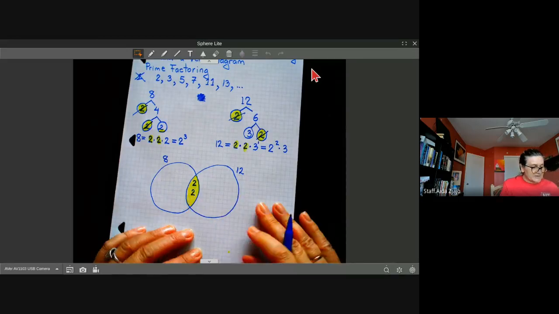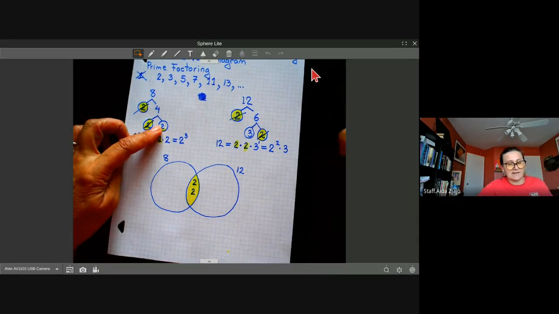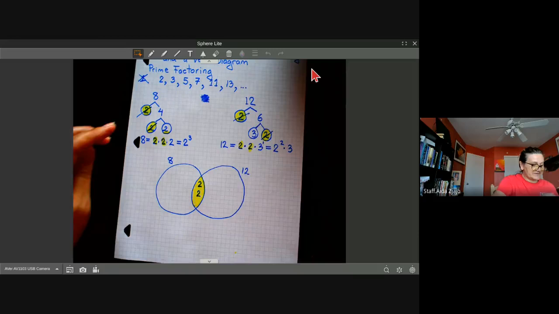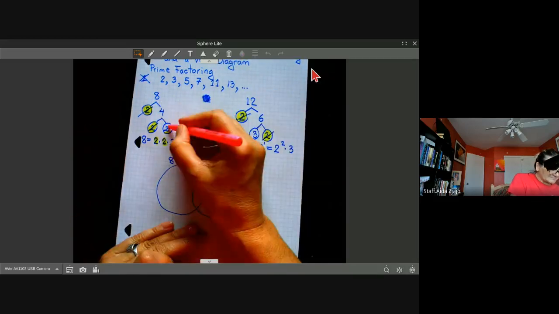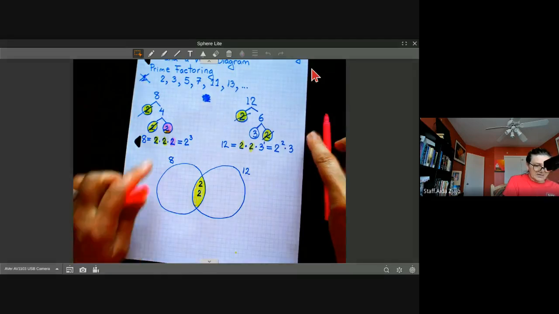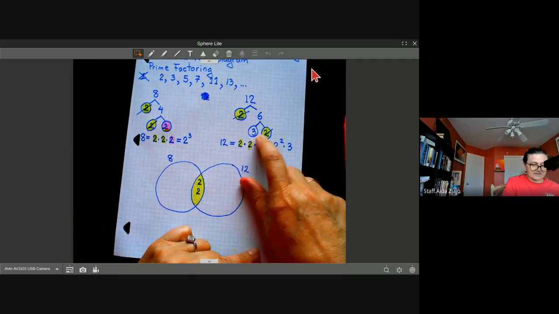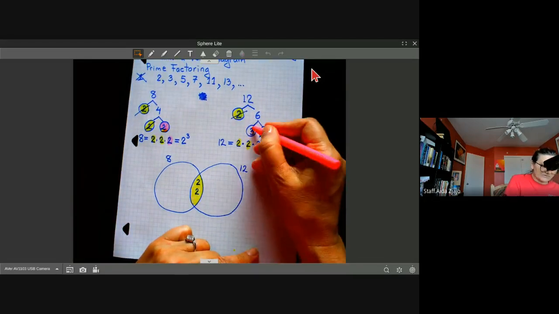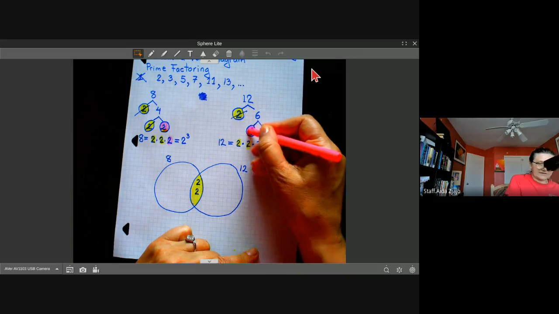But then I look at the numbers that are left. I only have a 2 here, and I don't have another 2 over here. Here I have 3, but I don't have a 3 on the other side.